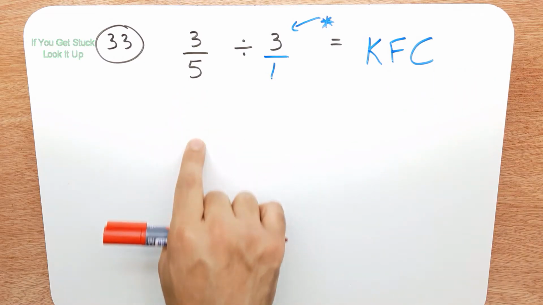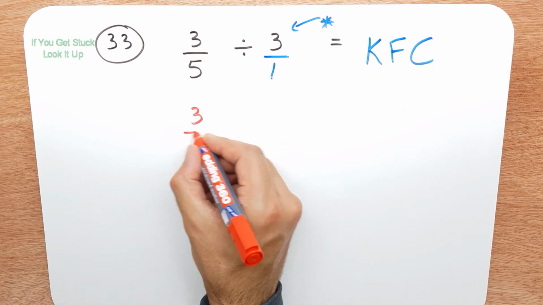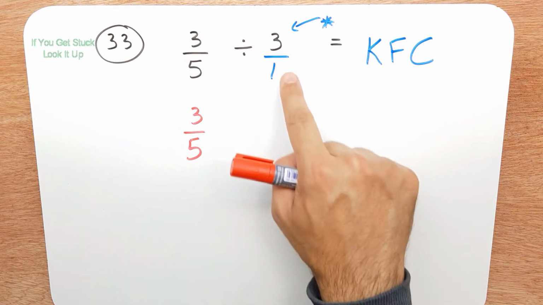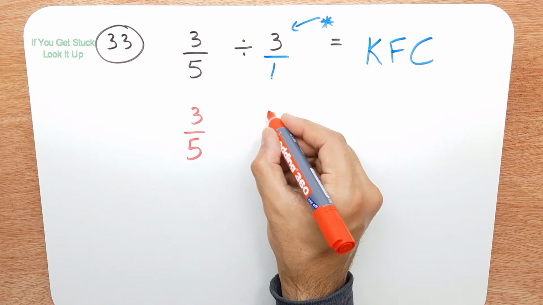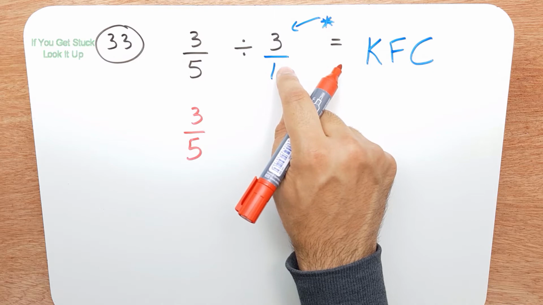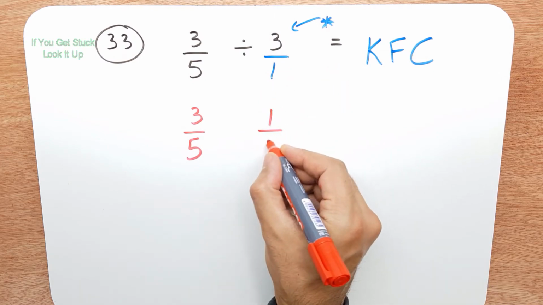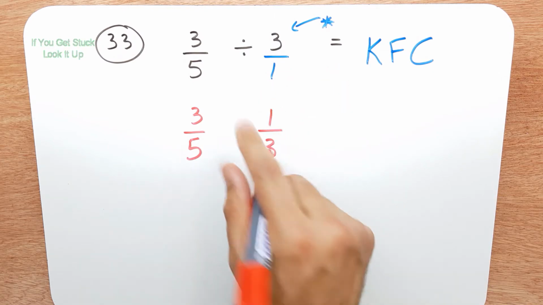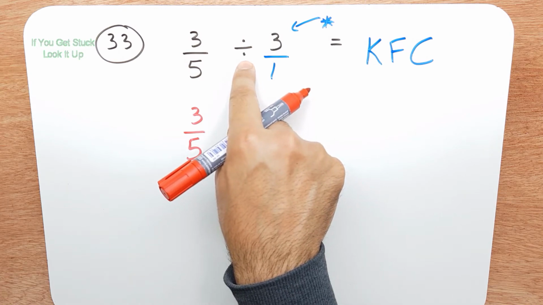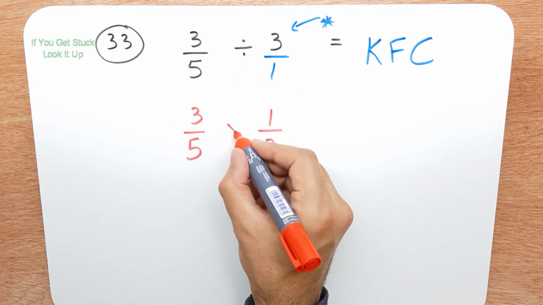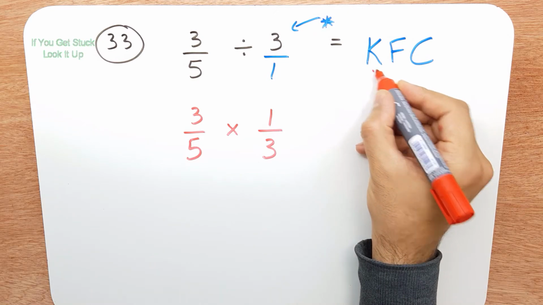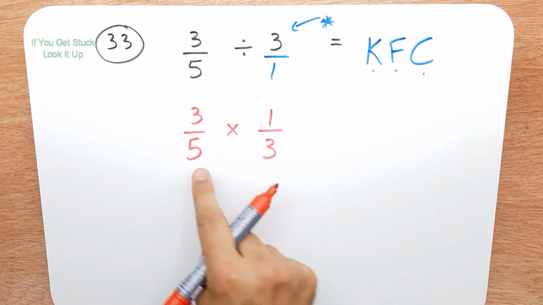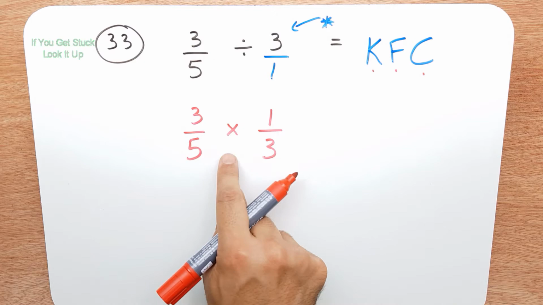We'll keep this fraction the same, 3/5, and we'll flip this fraction around. So instead of 3 over 1, it becomes 1 over 3. And then you change this divide into a times. So keep, flip, change.